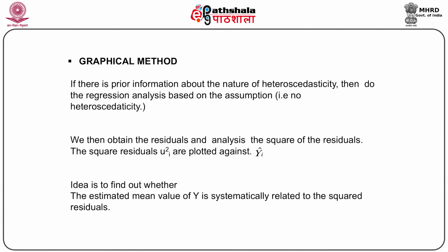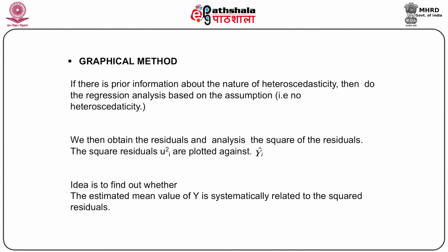Now, in case of the graphical method, if there is prior information about the nature of heteroscedasticity, then one can do the regression analysis based on the assumption that there is no heteroscedasticity present. We then obtain the residuals after fitting the regression model and perform a post-mortem analysis of the square of the residuals.